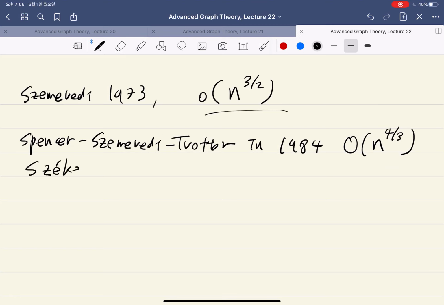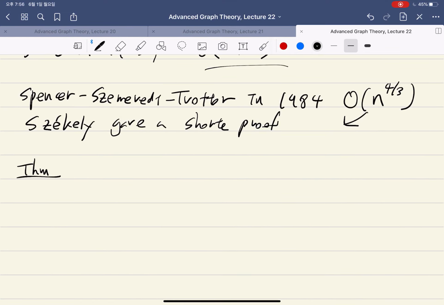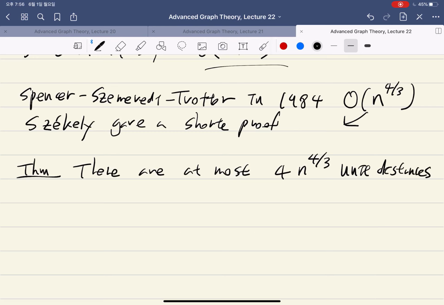And Székely gave a short proof of the same fact using the above theorem. So we prove this here. There are at most 4 times n to the 4 over 3 unit distance pairs among a set of endpoints in the plane.